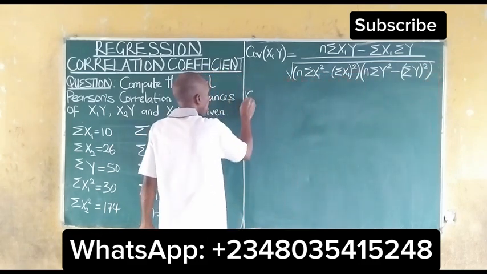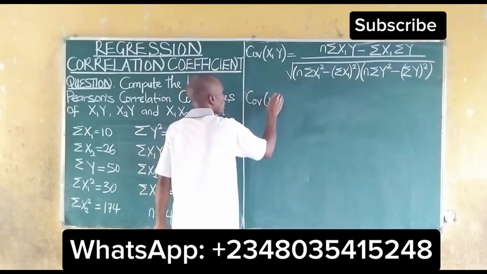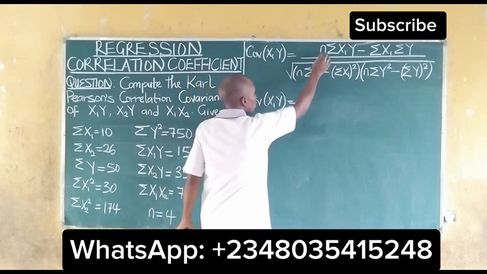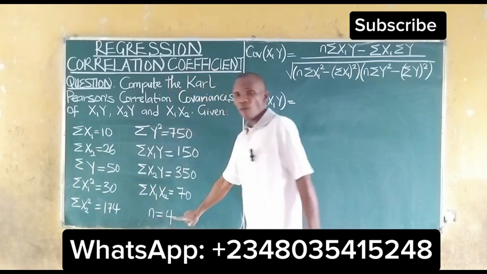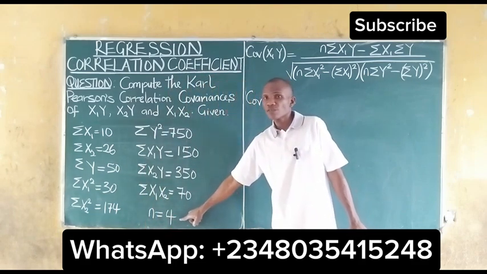Of course, our covariance of x1y will now be equal to n, and our n is 4.